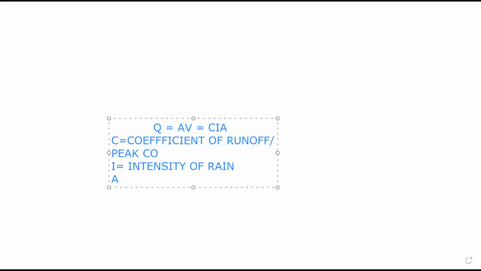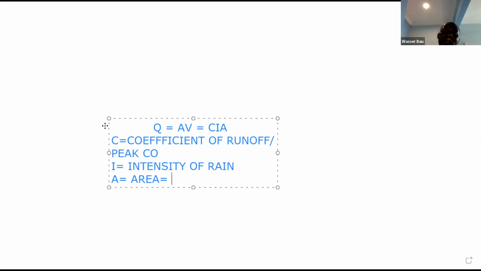Then A is the area. If it's for pipe, it will mean the cross-sectional area, okay? But for storm, it will mean the spatial area, the area of the land. So if you want to find the quantity of storm water coming from your plot of land, 1,000 square meter, it means this A will be that 1,000 square meter, right?